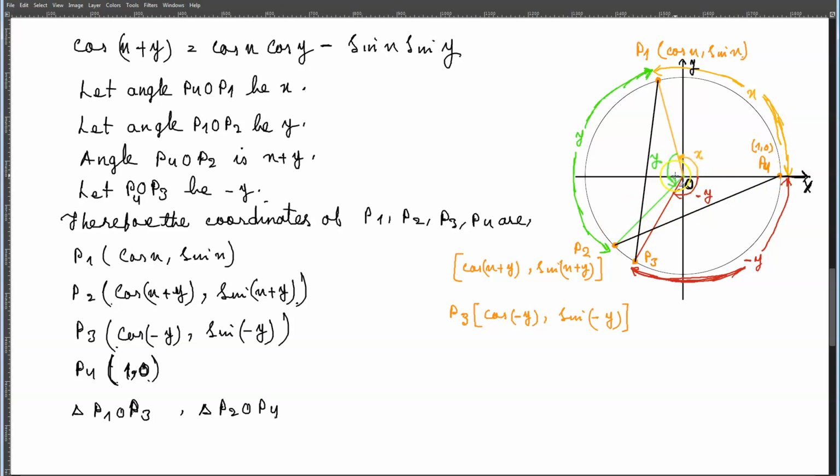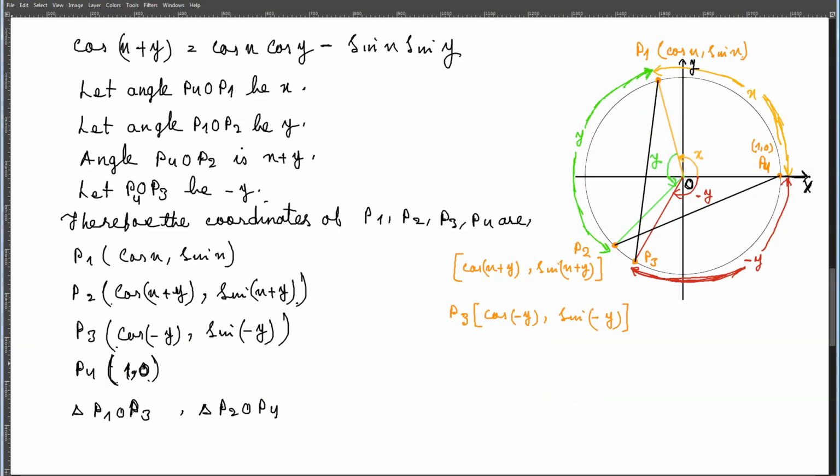First of all, they share this angle. If I call it alpha, the triangle P1OP3 would be some triangle like this, with point O, and this angle is a combination of this smaller angle alpha and this bigger angle Y. The other triangle has the same angle alpha and the angle negative Y, which has the same measure Y. Therefore the two angles between the two triangles have the exact same measure.